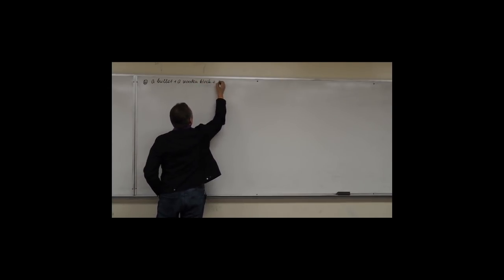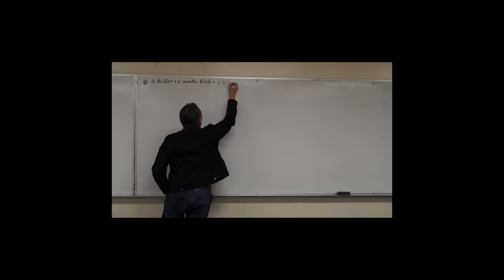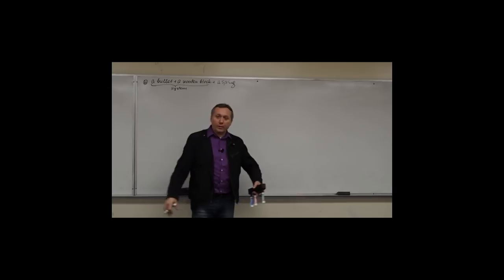Okay, so let me draw the situation. So what we have here is a bullet plus a wooden block and plus a spring. Although, what is our system? This is our system. The spring is not part of the system which we're trying to describe. Let's draw the picture.